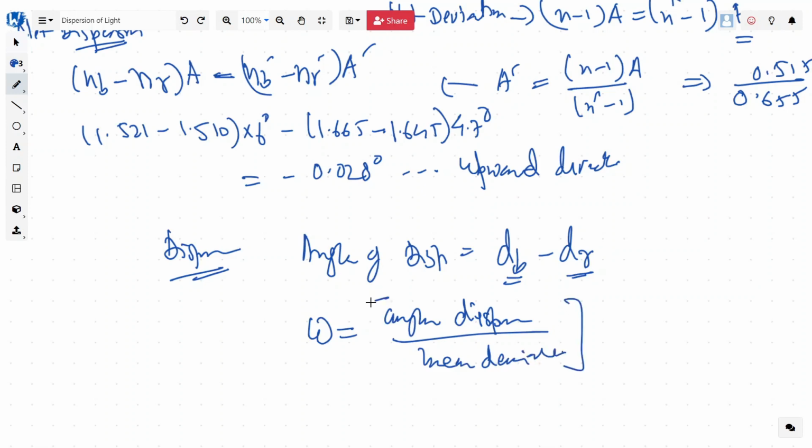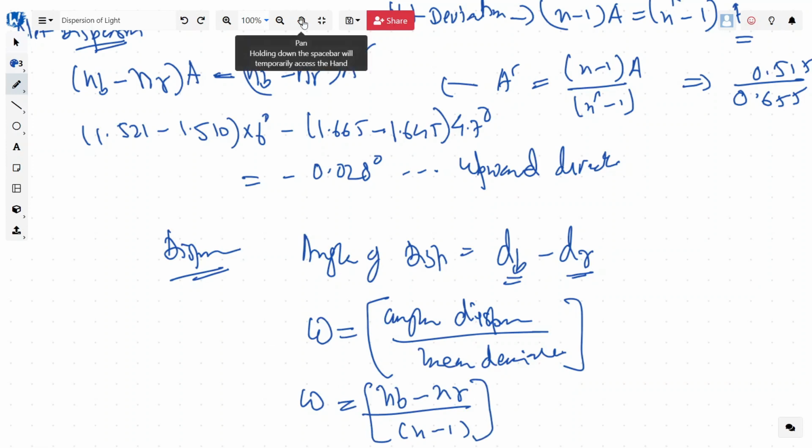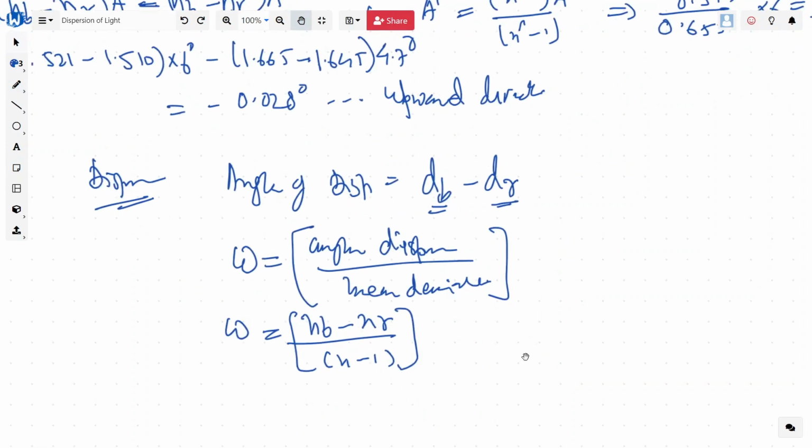And finally we derived a general formula for omega, which is equal to (nB minus nR) by (n minus 1), and we noted that it is independent of the angle of the prism, and also it is just a ratio, so it has no unit.